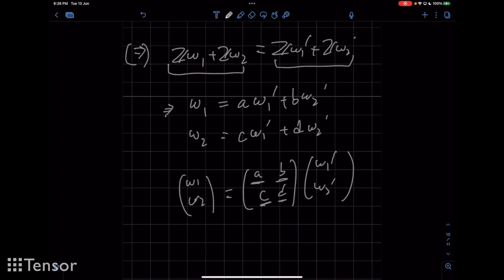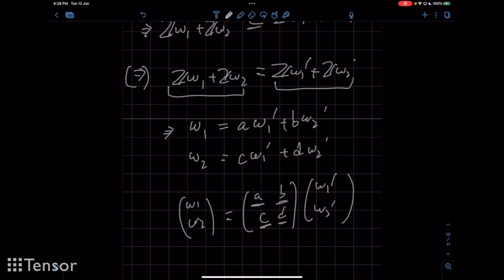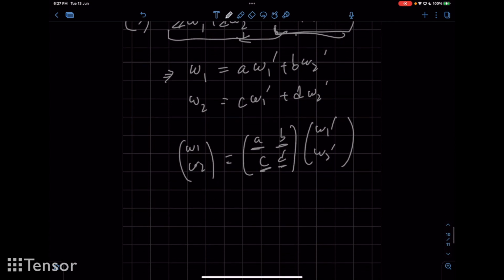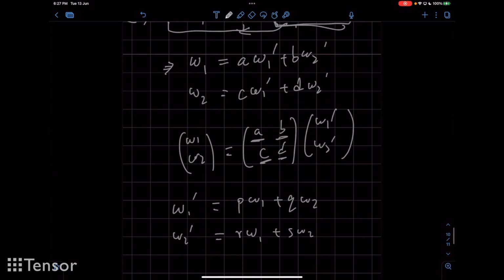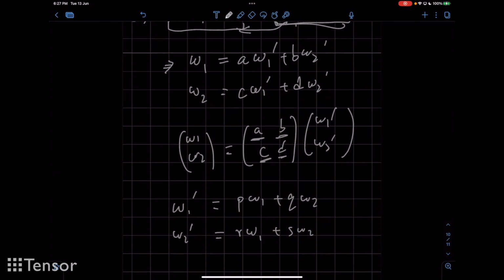And this matrix must be invertible as well, because we can go from the right hand side to the left hand side. What I mean is that we can write omega 1 prime and omega 2 prime as linear combinations of omega 1 and omega 2, let's say p omega 1 plus q omega 2, and r omega 1 plus s omega 2.